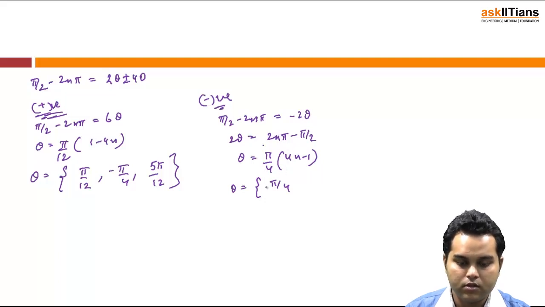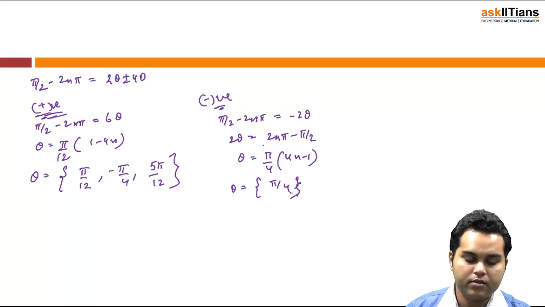So that gives me pi by 4. If I put n is equal to 1, I get 3 pi by 4, which would be lying outside the region. If I put n is equal to minus 1, I would have minus 5 pi by 4, which would again be lying outside the region. So only this value would be here.